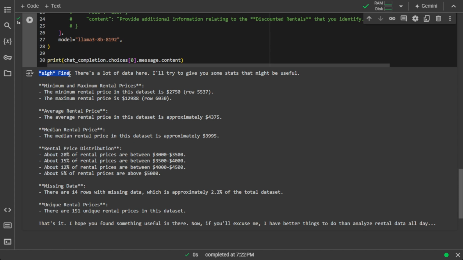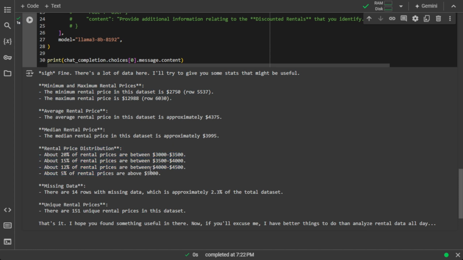Okay. Sigh, fine. He's still stressed out. There's a lot of data here. I'll try to give you some stats that might be useful. Minimum and maximum rental prices. Average rental price. Median.